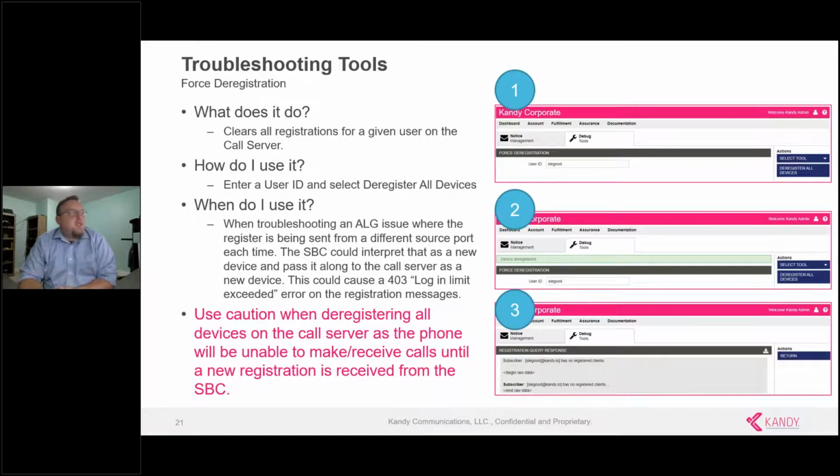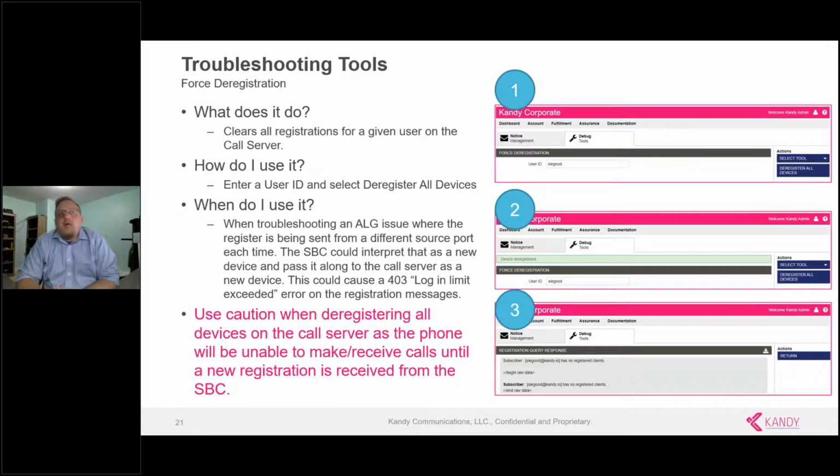I briefly talked about this before, but especially when you're troubleshooting things like ALG, if that register is coming in on a different source port each time, it's possible that the SBC could interpret that as a new device, and then it would pass it along to the call server as a new device being registered.